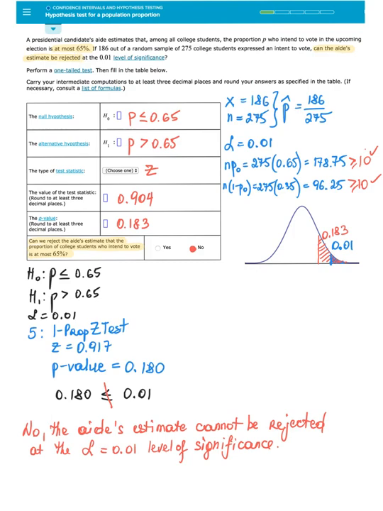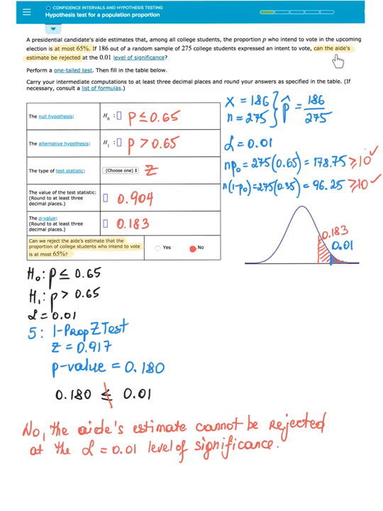Why? According to the definition of null and alternative hypotheses, we know that the null hypothesis is assumed to be true until proven otherwise. The alternative hypothesis is what we will have to take as the true statement whenever the null hypothesis is rejected. However, I cannot reject the alternative hypothesis because I don't even know if it's true yet.